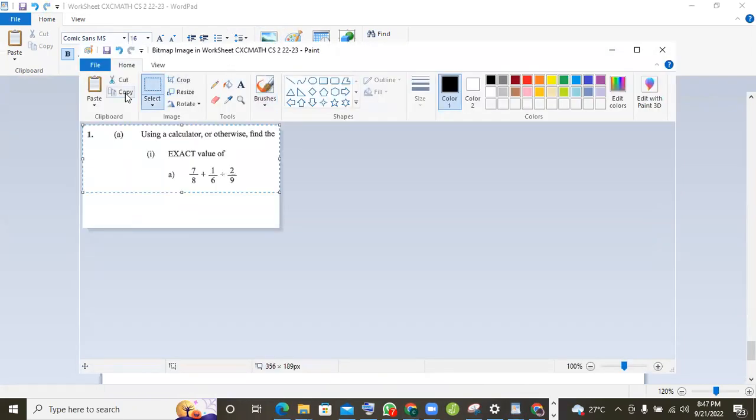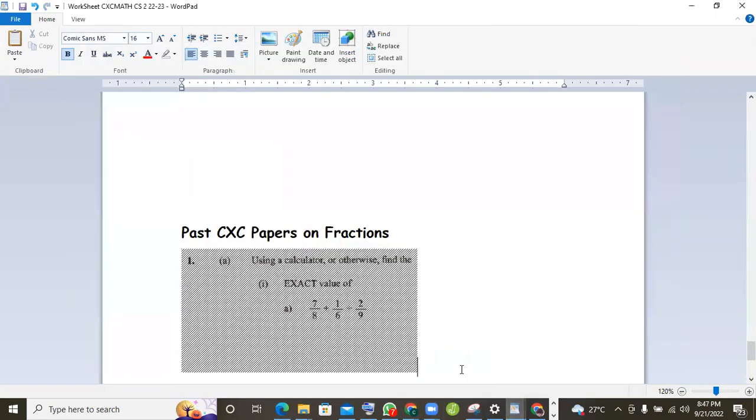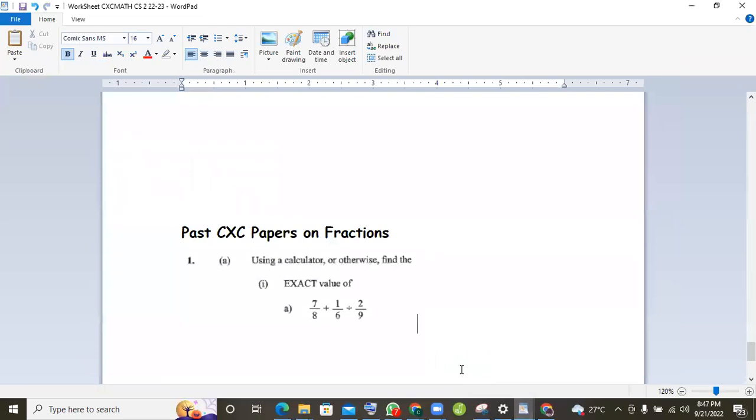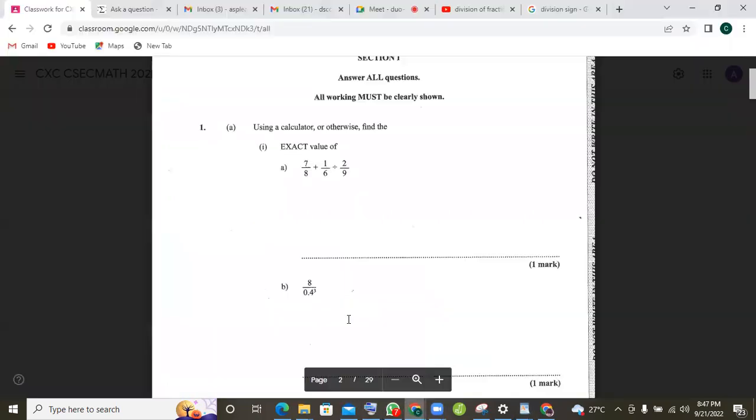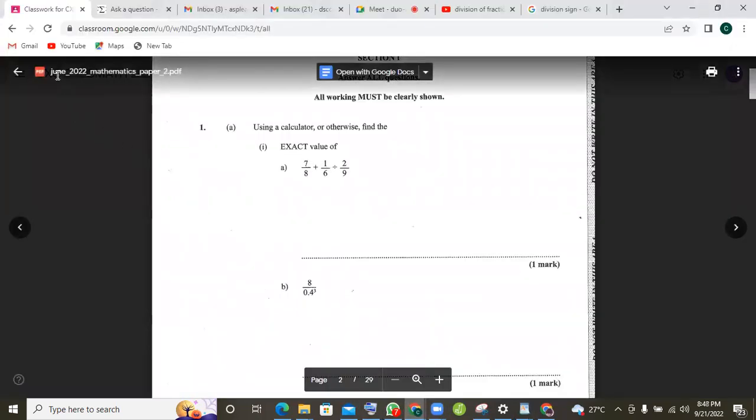Copy it and paste it back in WordPad. Now, this was taken from the June 2022. We can all recall the website.